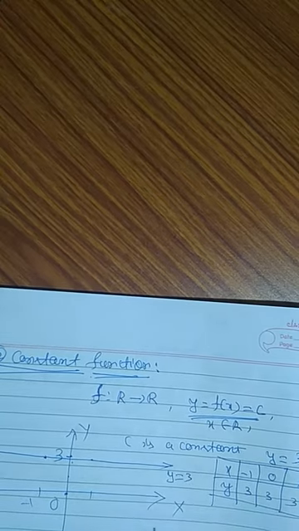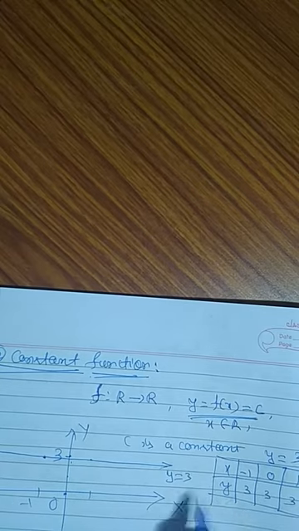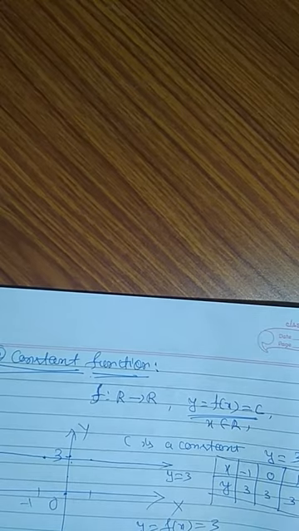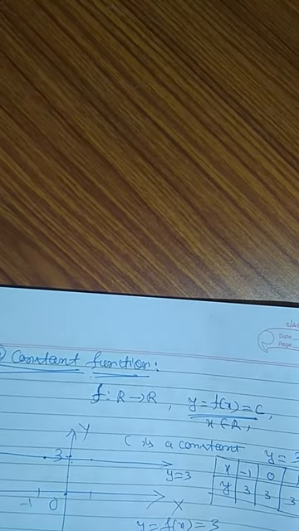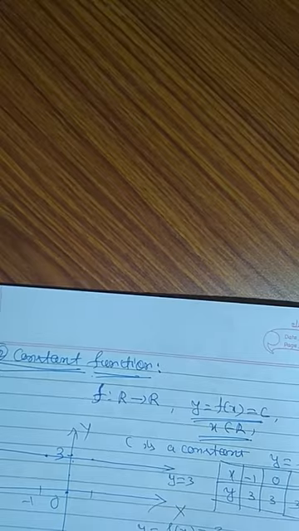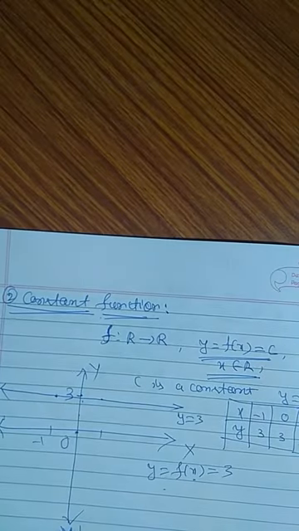Clear? And you can say y equal to 3. What is your y? Y is generally f of x, equal to 3. It indicates that for every value of x, y is 3. Now what is x? X belongs to R, which means x is a real number. This is about the constant function. Next we will discuss the polynomial function.